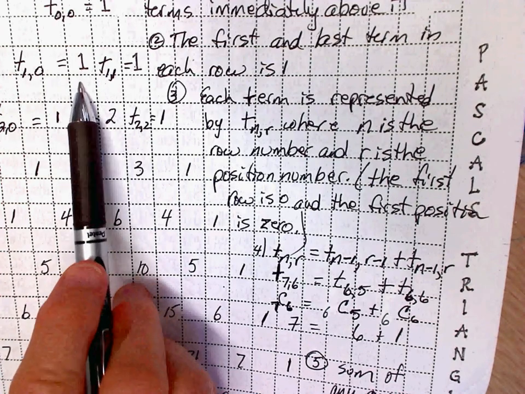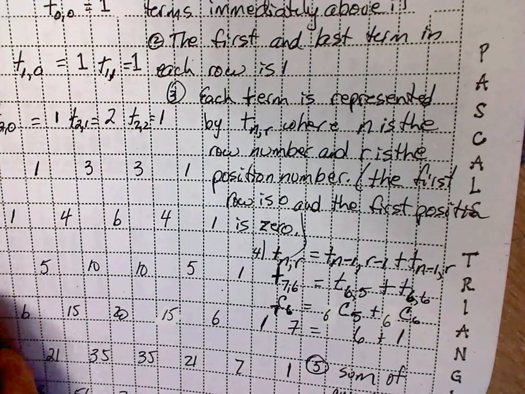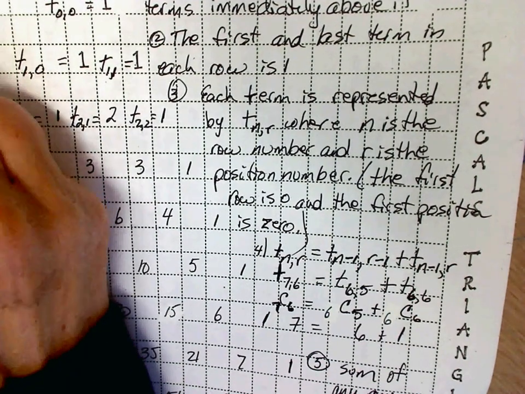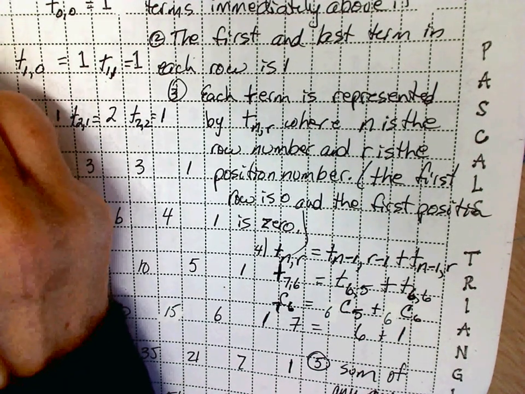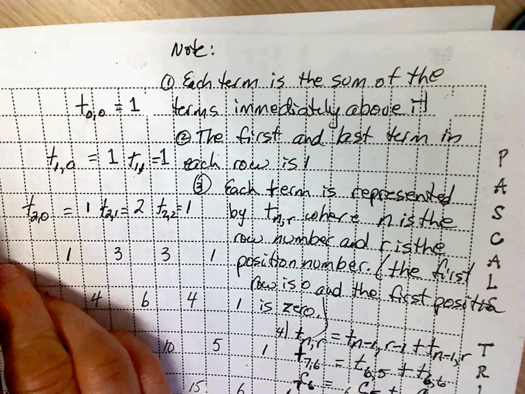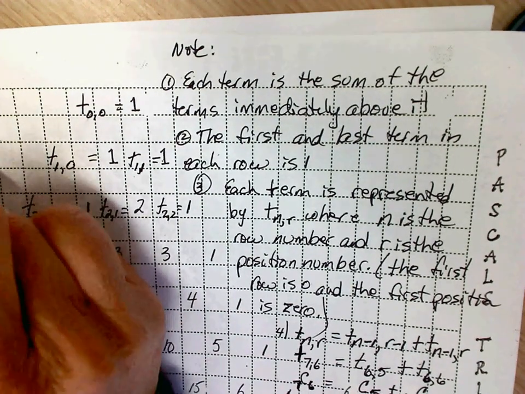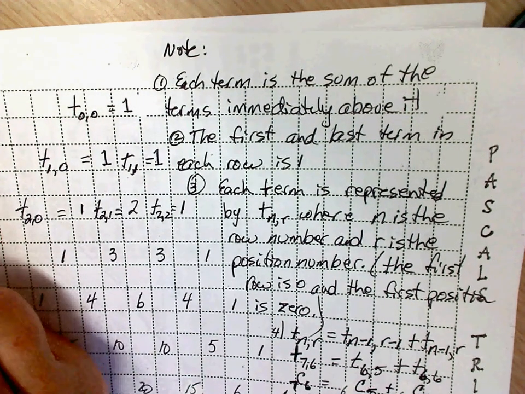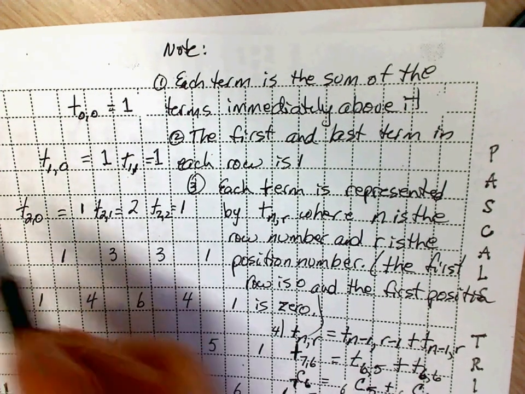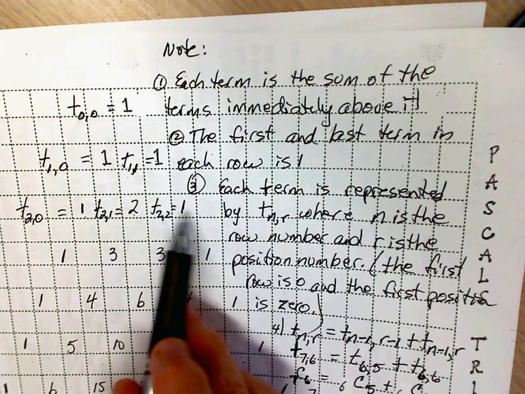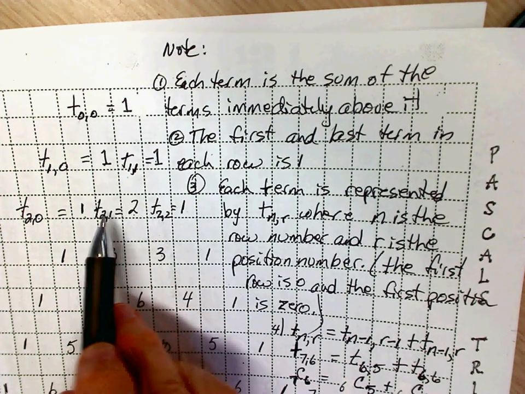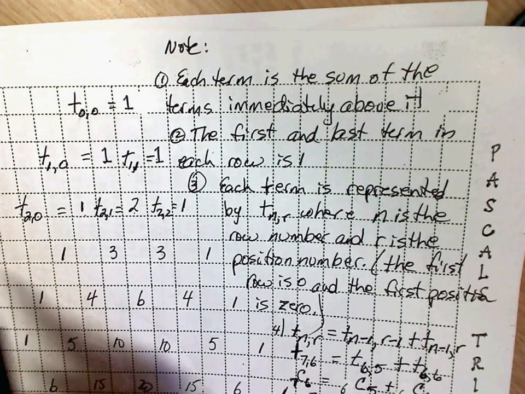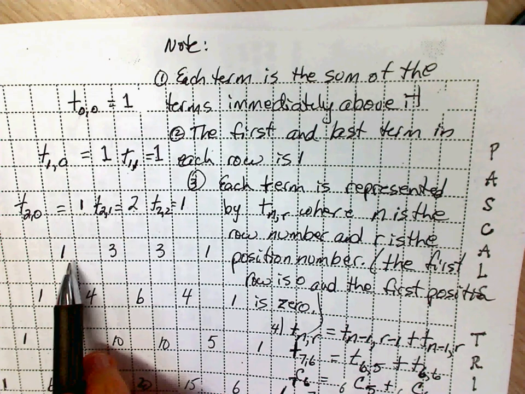So 2 to the exponent 1 is 2. For row 2, 2 to the exponent 2 equals 4. Notice the sum of all the terms is 4, right? This is 2 to the 3 equals 8. Notice this adds up to 8. 1 plus 3 plus 3 plus 1 is 8.